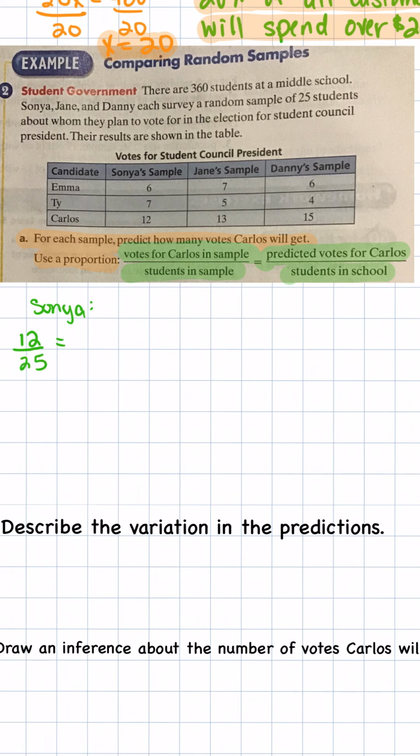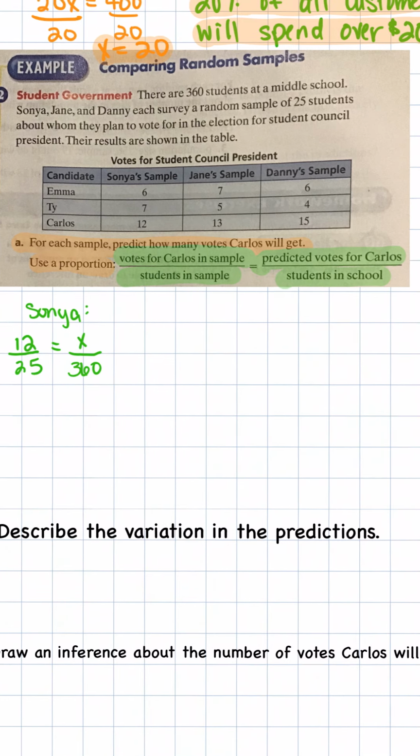And so the predicted votes is what we're going to find out because the student population is 360. So we multiply the 12 times 360.